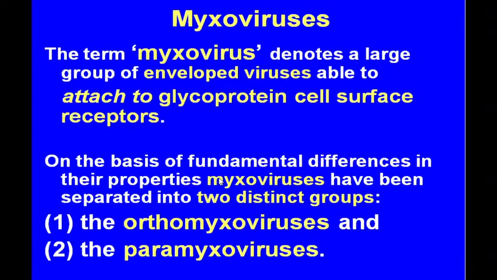They are similar to Orthomyxoviruses due to the word myxo, because it denotes a large group of enveloped viruses that attach to glycoproteins on the cell surface and on the mucous membranes. On the basis of fundamental differences, we may distinguish 2 groups, Orthomyxoviruses and Paramyxoviruses.